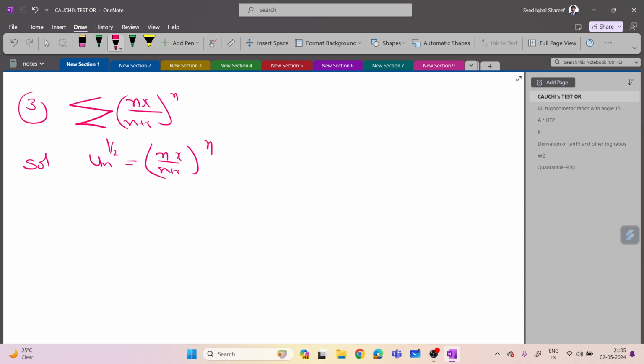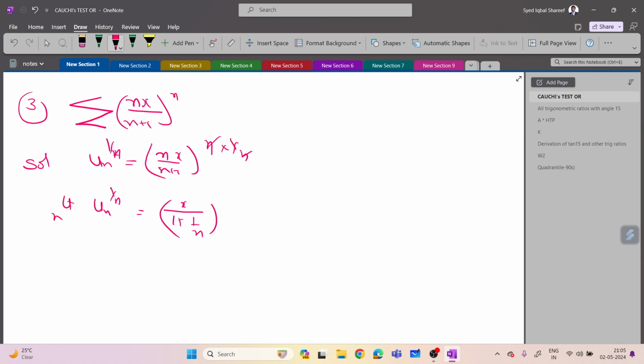So un equals n x by n plus 1 whole to the power of n. Raising to the power of 1 by n, the n gets cancelled. Un whole to the power of 1 by n equals, dividing numerator and denominator by n, x by 1 plus 1 by n.